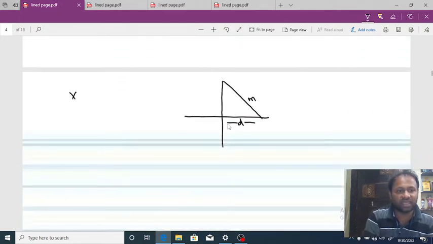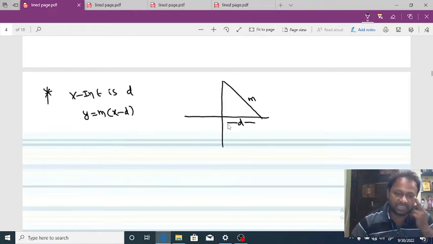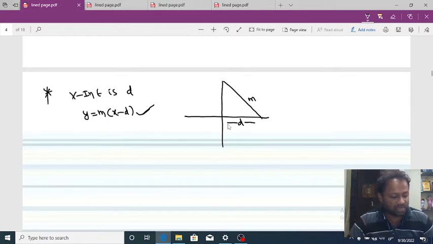So whenever the x-intercept is d, the straight line is y is equal to m into x minus d. So x-intercept means this formula, y-intercept means the previous formula. This is an important problem because in some competitive exam problems we can use this.